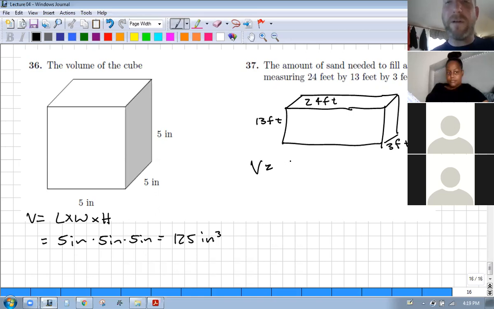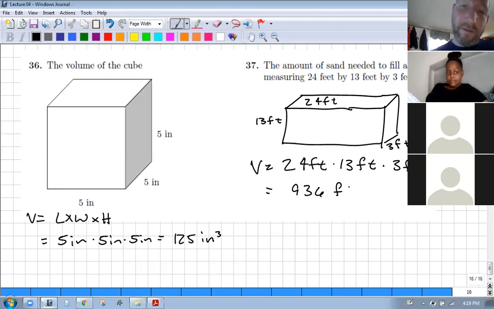So our volume here is 24 feet times 13 feet times 3 feet, which is 24 times 13 times 3, 936 feet cubed, cubic feet.